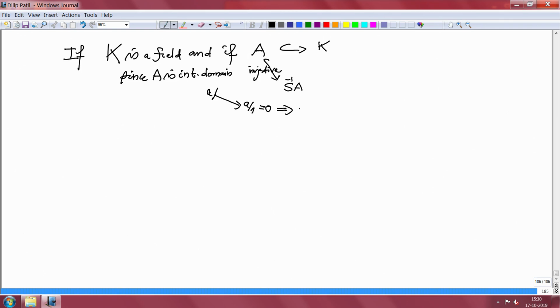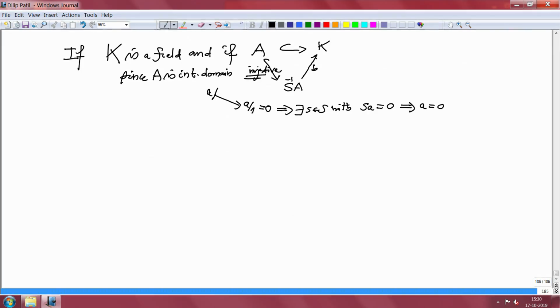So that implies there exists s in S with s times a is 0, but s is a non-zero element in an integral domain, therefore I can cancel it. So that will prove a is 0. So that means this map is injective, so that means A is contained in S inverse A as a subring.